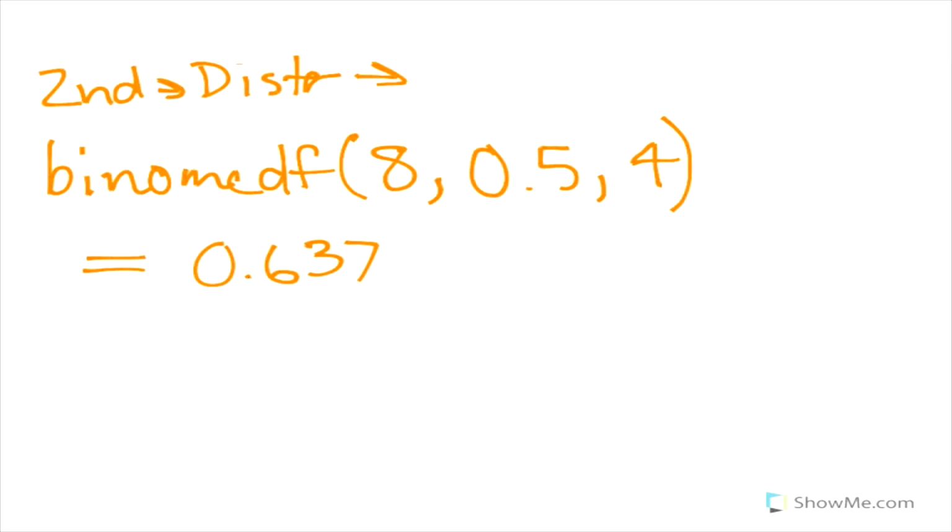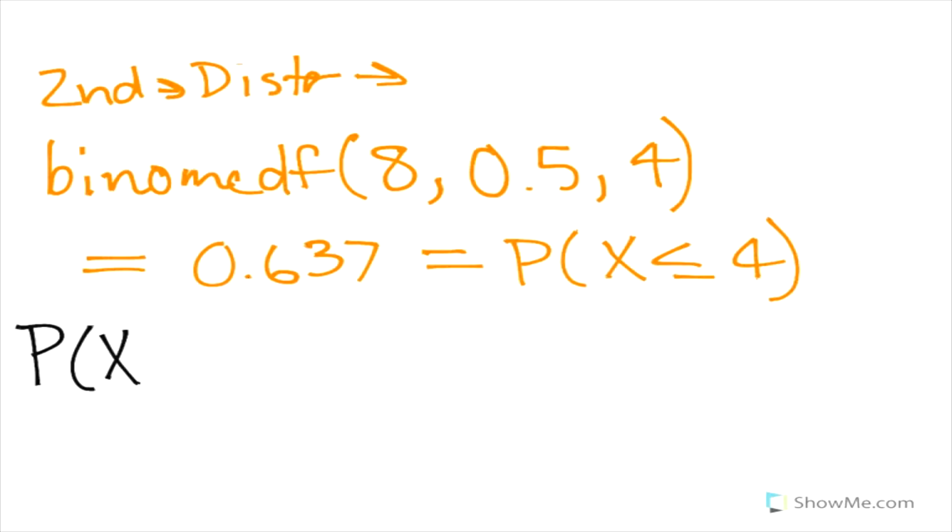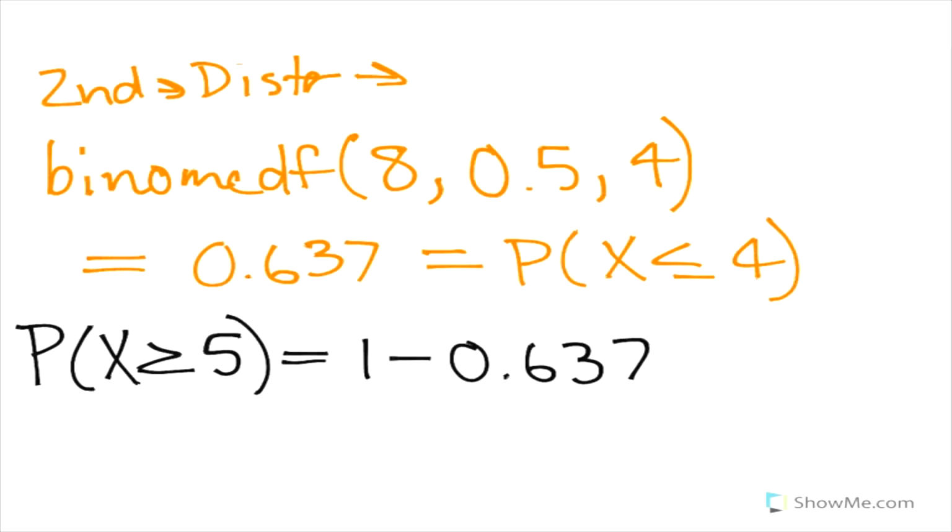So that's the probability, again, that x is less than or equal to 4. And then if we want to find the probability that x is greater than or equal to 5, we do 1 minus 0.637, and that gives us 0.363. So those are 2 examples of using the binomial distribution with calculations.